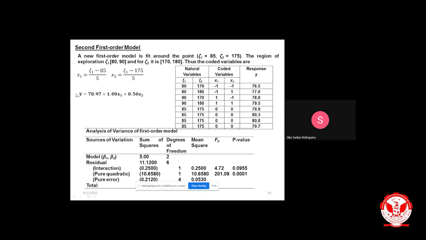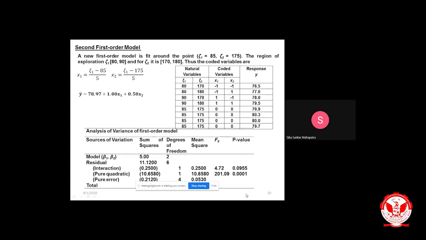Then we got an equation like this: 78.97 plus 1 into x1 plus 1.5 into x2. Now check this equation again by conducting the analysis of variance. Take the model, residual, interaction, pure quadratic, pure error, with the formulas that I have shown you previously.